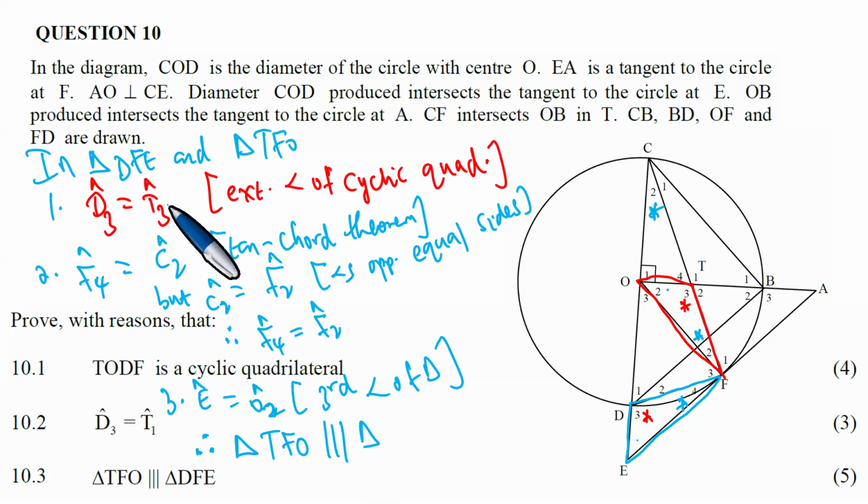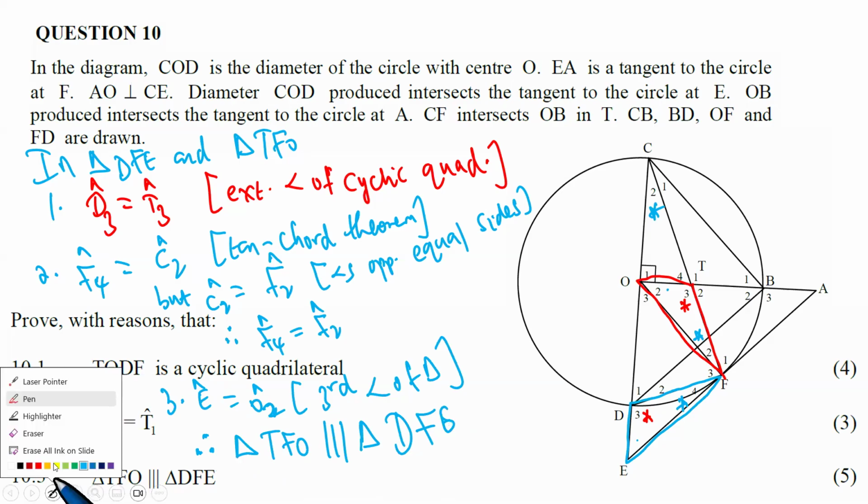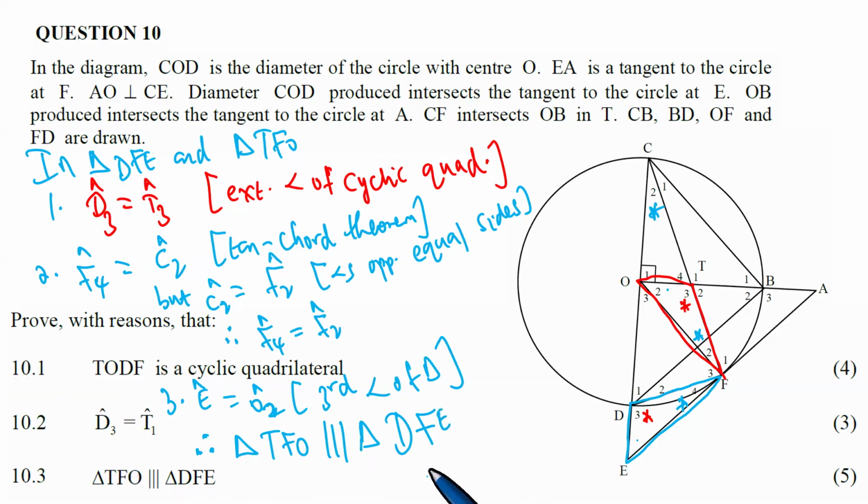You have already seen that T is equal to D. And then F2 is F4, so F would be F. And then O, the center, is equal to E. And the reason for this is angle, angle, angle.